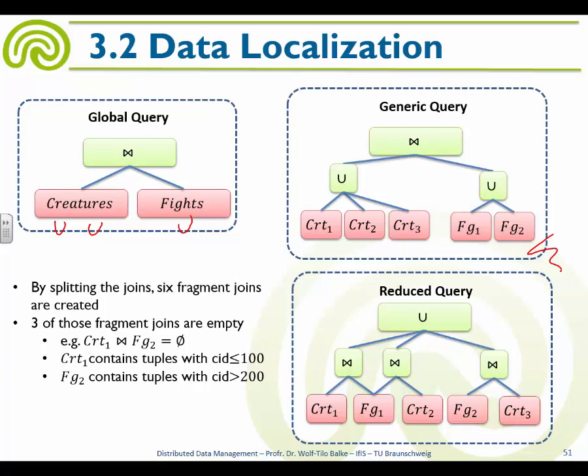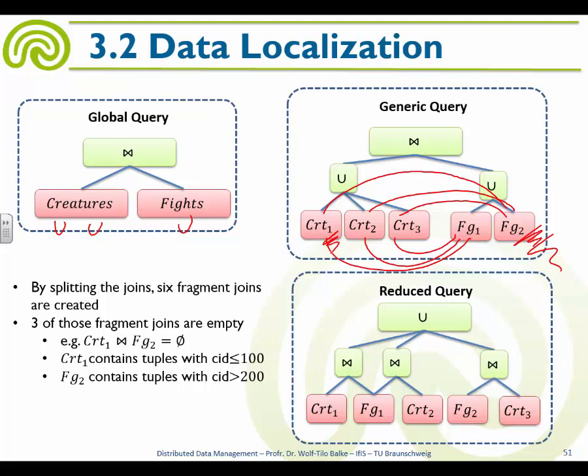If I split the join, this goes here, this goes here, this goes here, and this goes here, this goes here, this goes there. There are 6 small joins that we have. Now the question is, which can actually join? Those were the ones over 200.